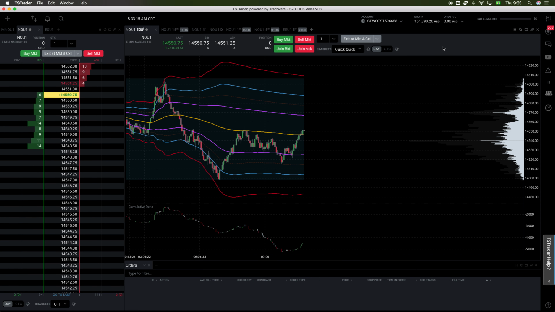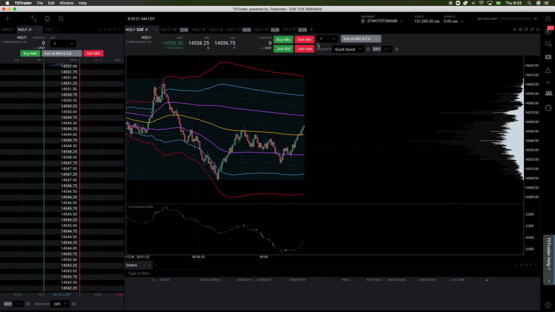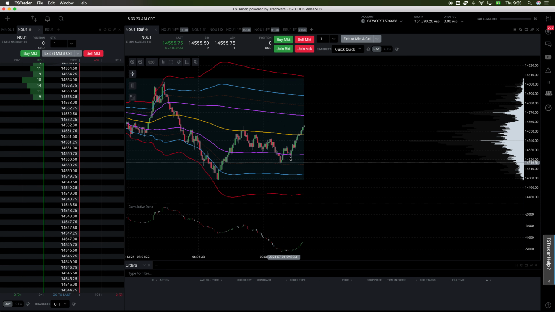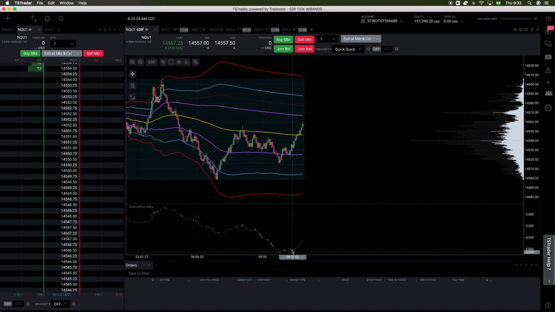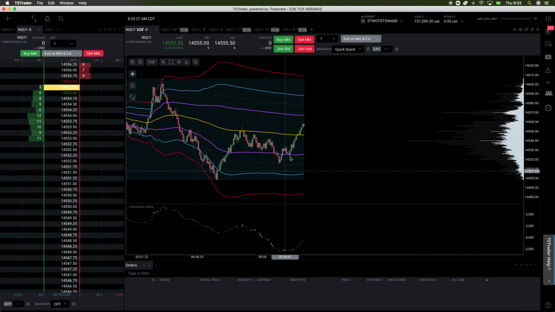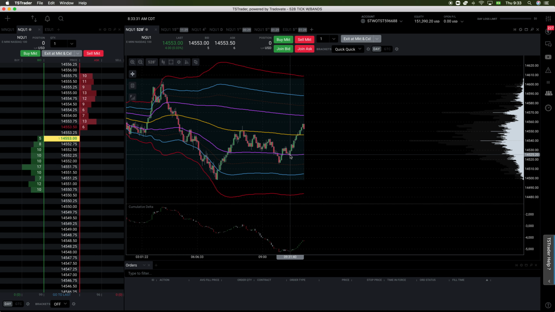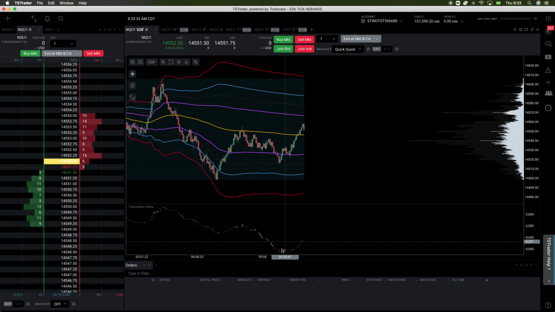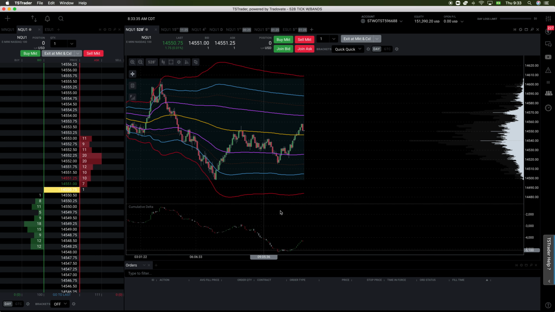We are catching some steam right here. ES really caught some nice steam. Buyers really came in, actually, and that's okay. I have no issue with sitting out of this one. It's not really an entry.